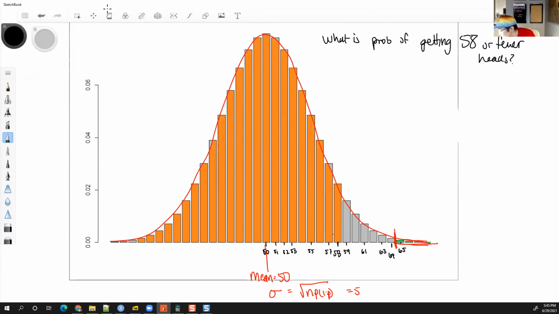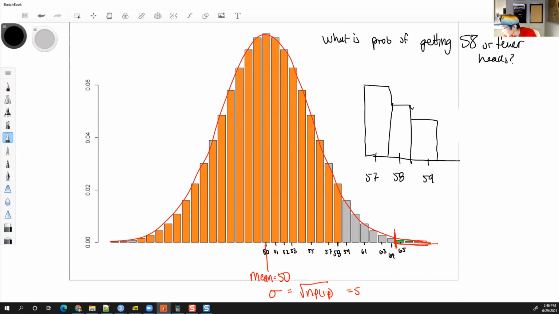If we zoom in on these, here's 58, next to 58 I've got 57, and here's 59. I've got a bar centered at 58, and the bar at 59 is shorter than 58. These are terrible looking bars.